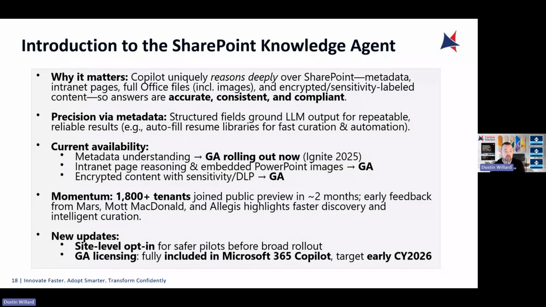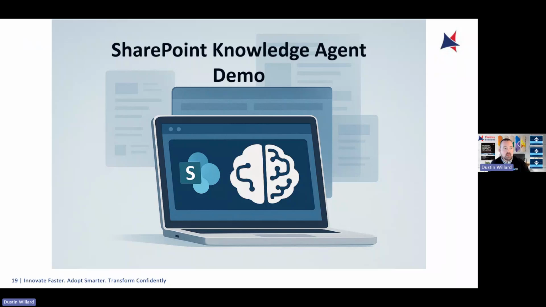But effective early 2026, if they have the full M365 Copilot license, they will not be charged. So it's important to make sure, when you're rolling this out, you have a plan around that, right? All right, so with that, we'll jump into the SharePoint Knowledge Agent demo.